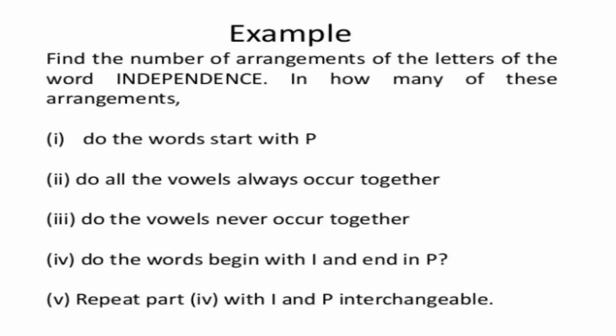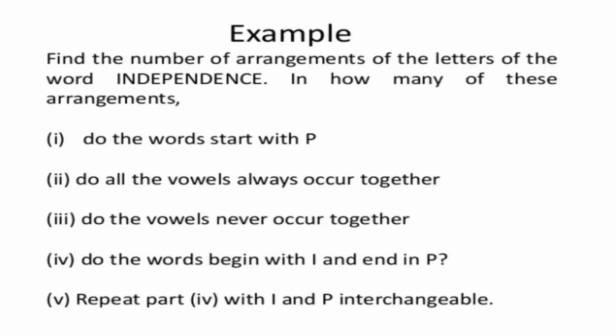So you want to find the number of arrangements of the letters of the word independence. In how many of these arrangements do the words start with P? And how many of the arrangements do all the vowels always occur together? Which vowels?